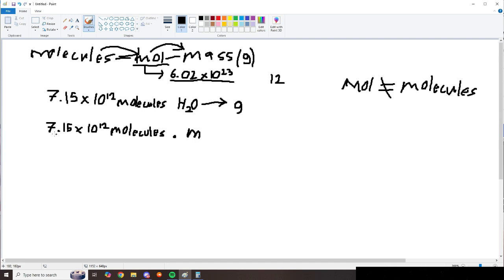Okay, back to our equation. So we're laying it out. We want to get rid of molecules and we want to get moles. So we're going to times it by 1 mole. And then we're going to divide it by our number of things in a mole, which is 6.02 times 10 to the 23rd power molecules.